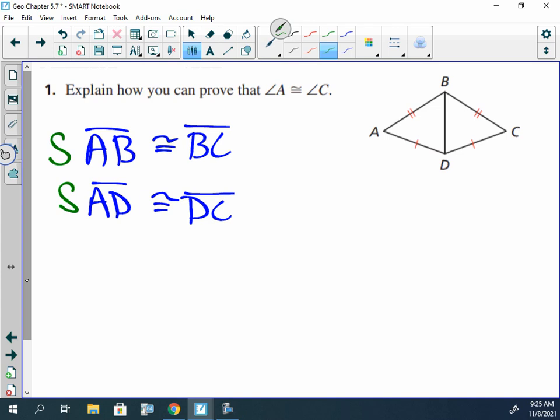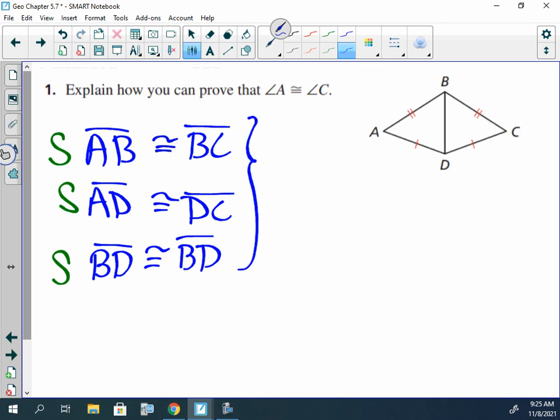Well, when I look at this here, BD is shared in both, yes? So we say BD is congruent to BD. We have 3 pieces of information, and it does correspond to a congruency shortcut. Side side side, yes?